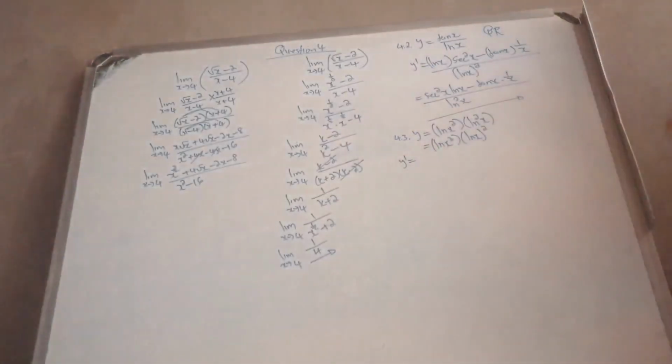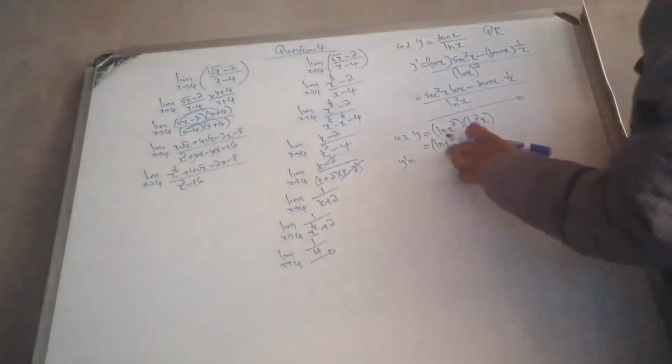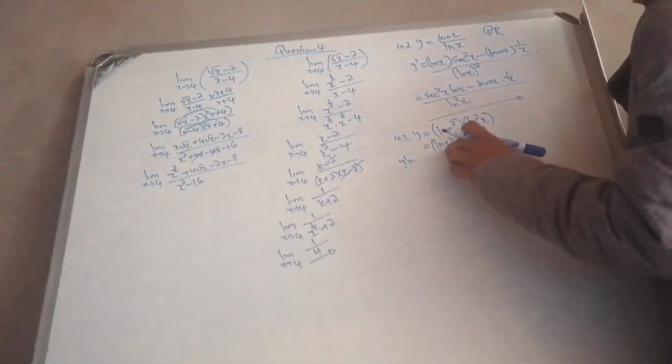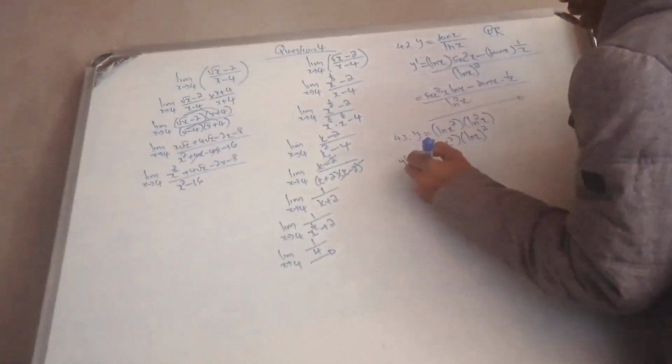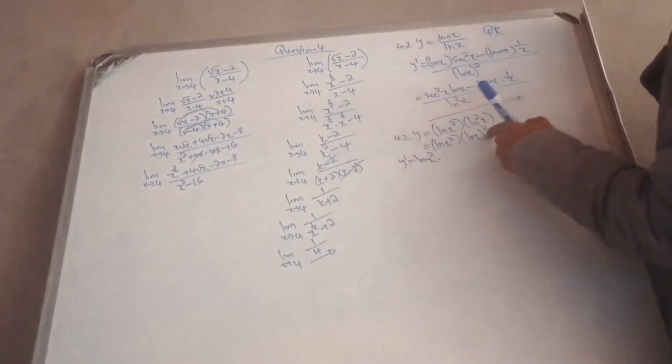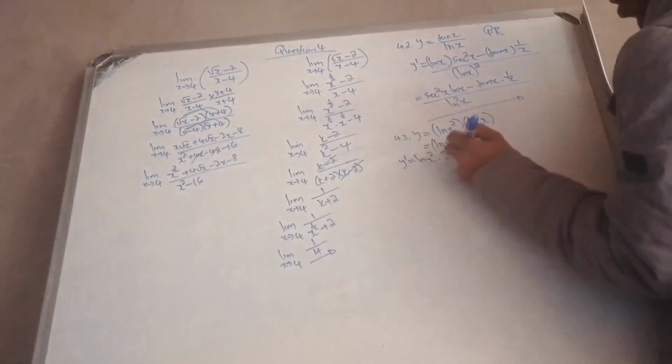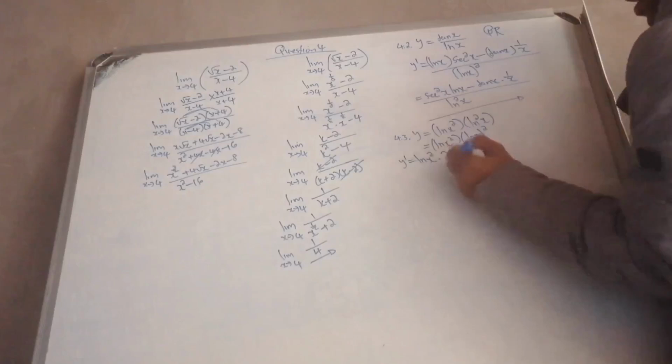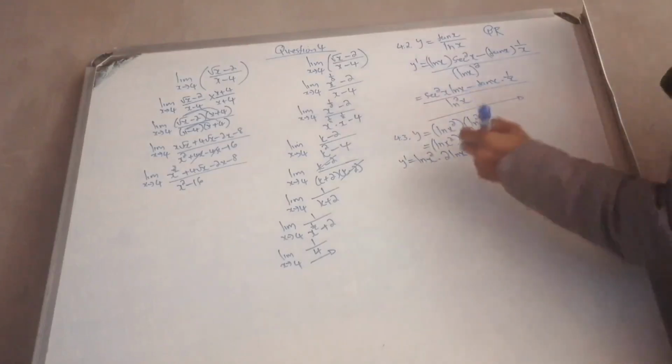remember they said with the aid of the product rule. I know that the product rule would say to me, hold on this, ln of x squared, and differentiate this. I will bring down the 2, hold the angle, which is ln x, and differentiate the inside angle.